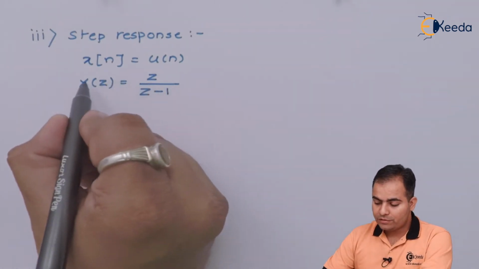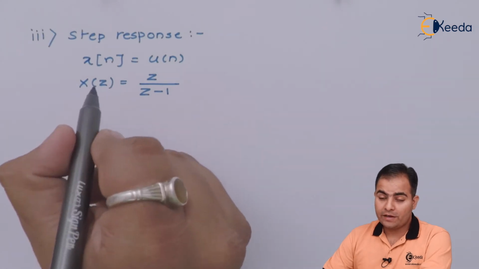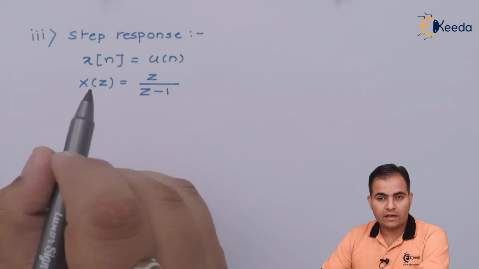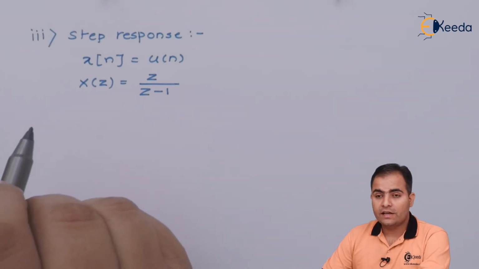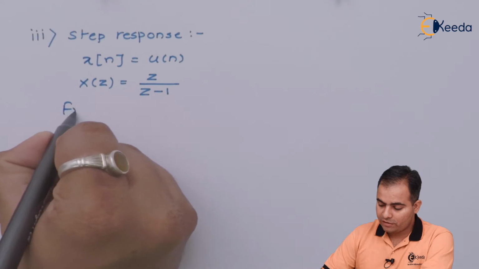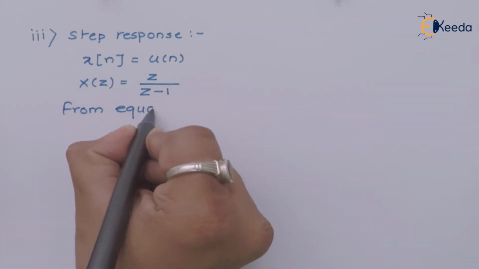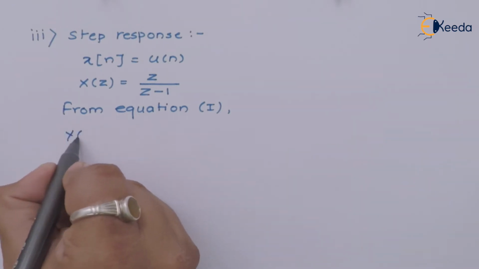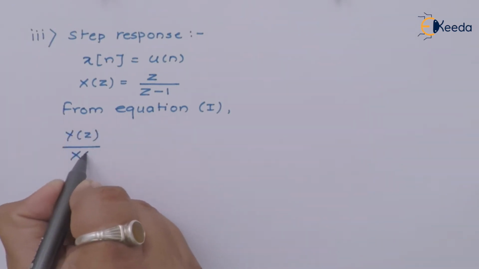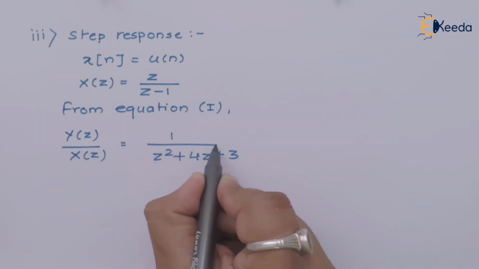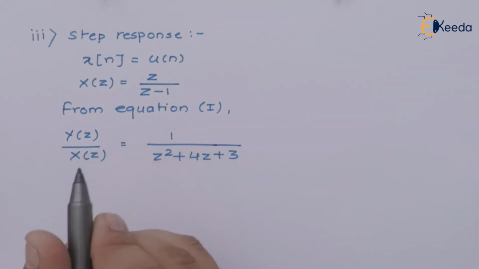Now I'll put this value in my equation number 1 that we have calculated in the first question, that is h of z, or you can say the transfer function. So from equation number 1, I can say that my y of z upon x of z is, now I'll shift this x of z on the right hand side.